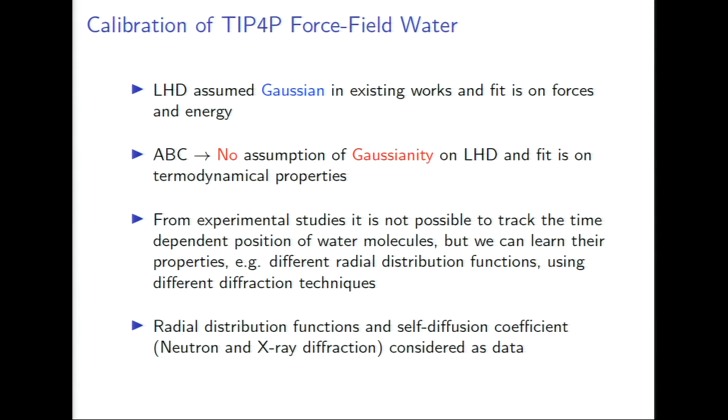From experimental studies, it's typically not possible to track the time-dependent position of the water molecules, but we can learn their properties, for example, the different radial distribution functions. In particular, here we use the radial distribution function and self-diffusion coefficient as our data, and the data is collected through neutron or X-ray diffraction.